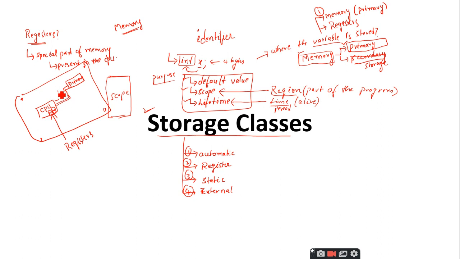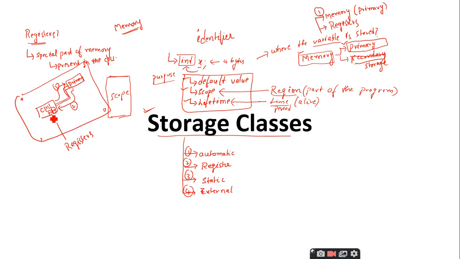It has to send a command to the primary memory, and the primary memory makes a search over here, and the data will be sent back to the CPU again. So all this overhead is involved in accessing the contents of the primary memory.